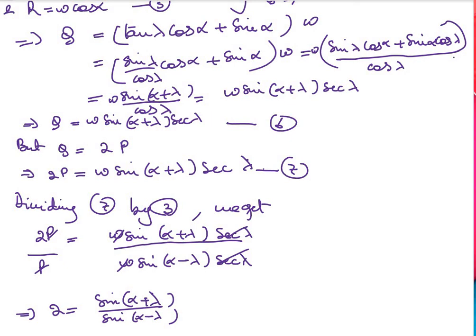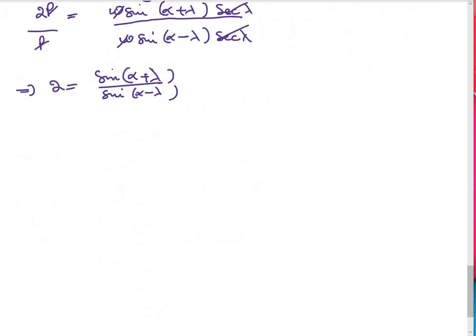Now cross multiply this and expand it. So this implies that twice of sin of alpha minus lambda is equal to sin of alpha plus lambda.